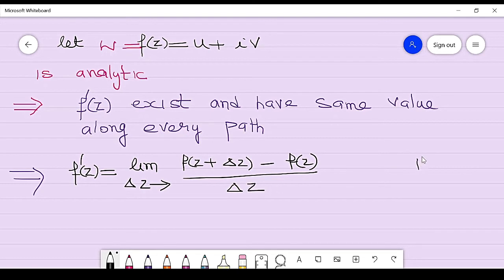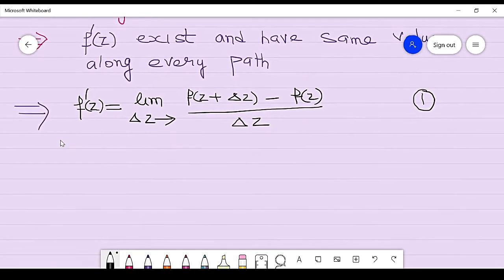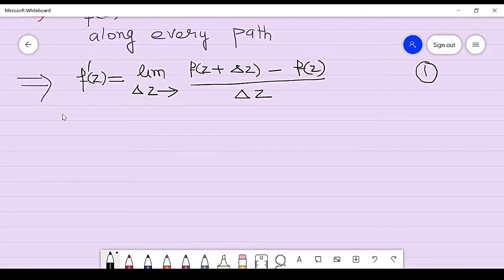So this is equation number 1. This limit should exist, and if it exists, then along every path its value should be the same. So first I prove this result.